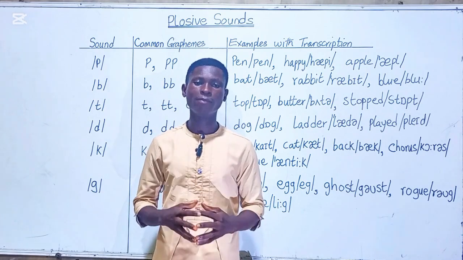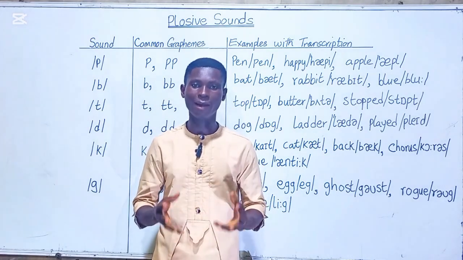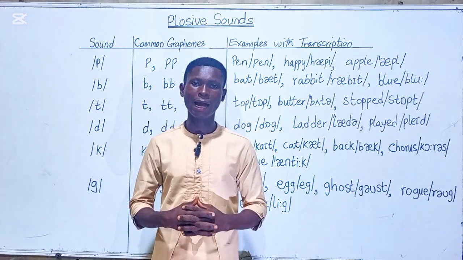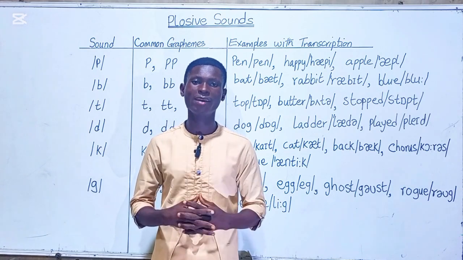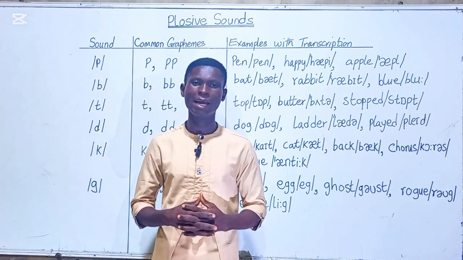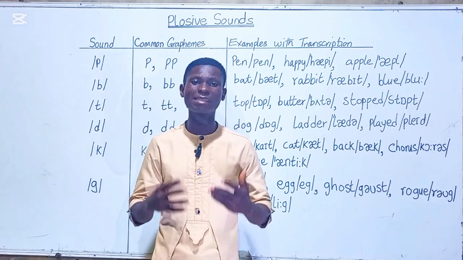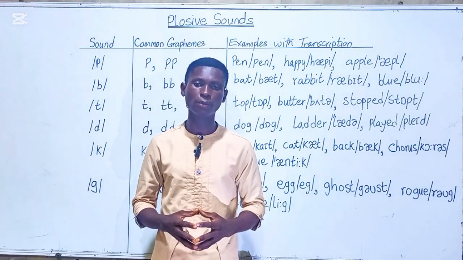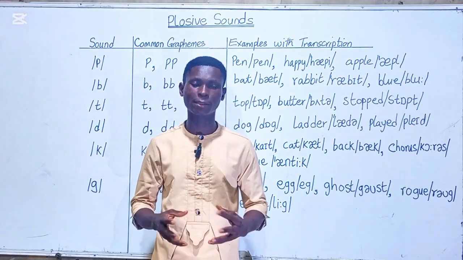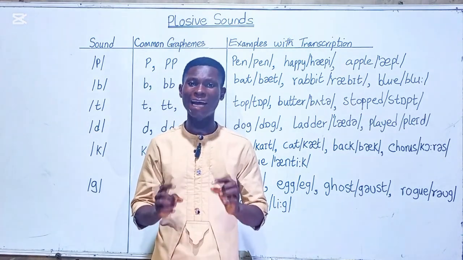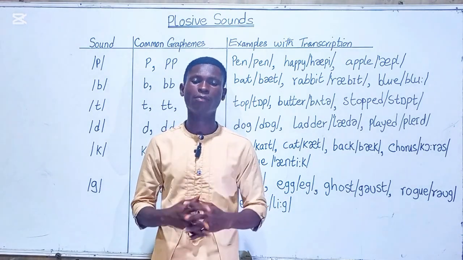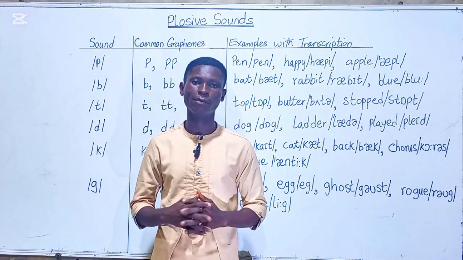Hence, we have certain sounds that when realized, the organs of speech will come together and stop the flow of air from passing through the mouth completely. And the sound will explode out as a result of the sudden parting of the organs of speech. So those sounds are known as plosive sounds, and we have 6 of such sounds in the English language.